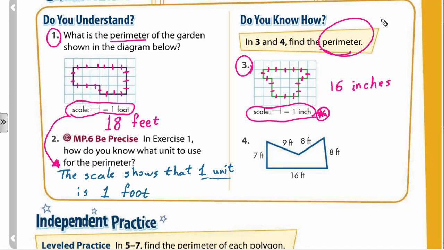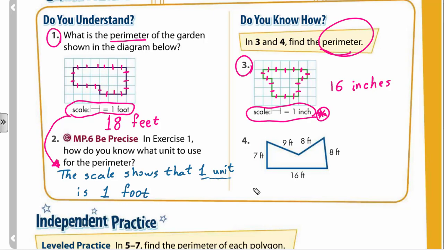Muayyad? Question number 4. In this case, we should use adding, right? Yeah. Okay, go ahead.